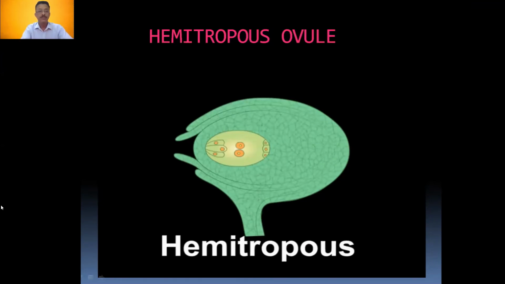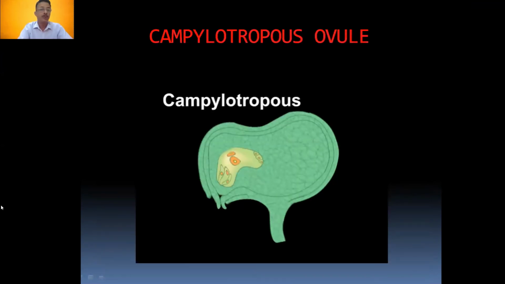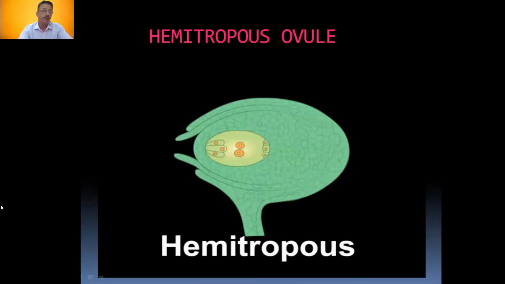Third one is campylotropous ovule. It is bent at this angle. What we are noticing in the campylotropous ovule is that the embryo sac comes near to the micropyle. This is the main difference between the campylotropous and the hemitropous ovule.